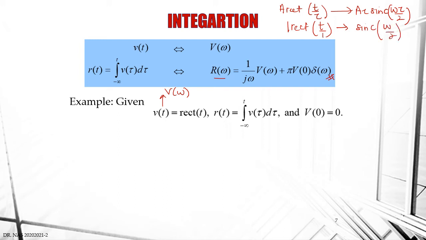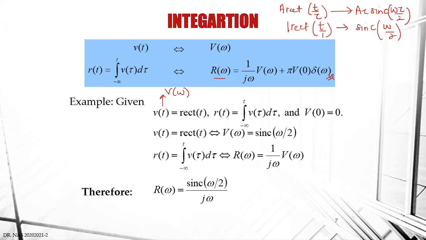Okay, so what is R omega then? r(t) is given by this integration equation, so R omega equals this equation, providing that this condition, V naught, will be 0 when omega equals 0.